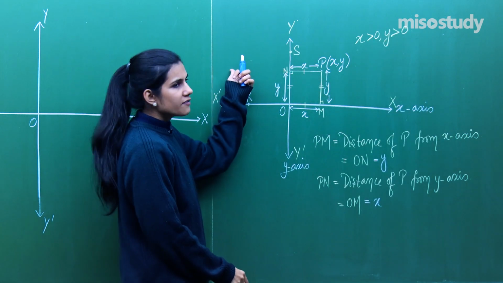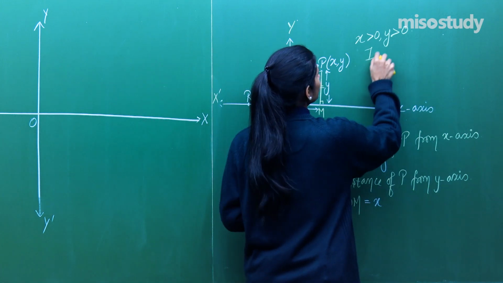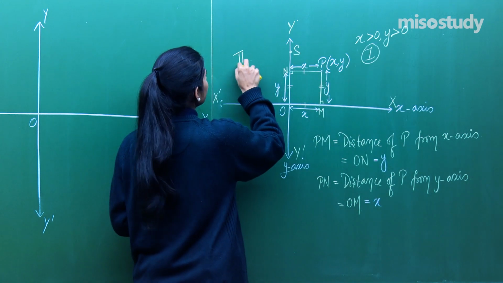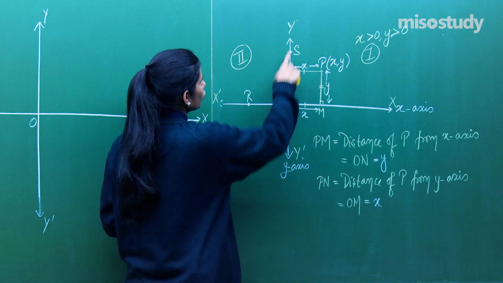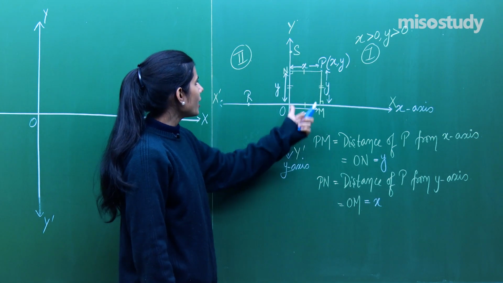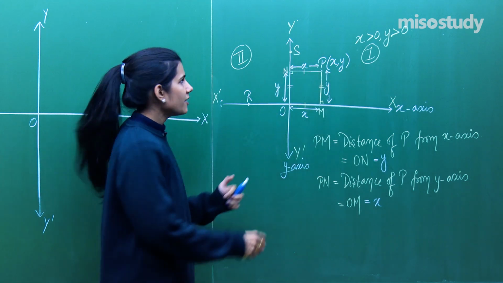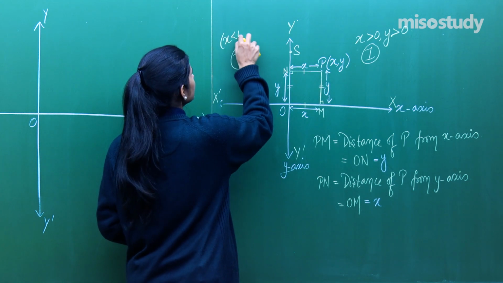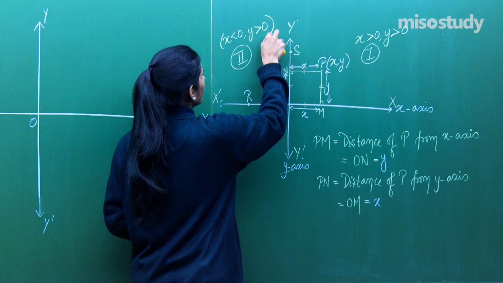If the point is lying in the second quadrant, X'OY, the x coordinate is going to come from the negative x-axis, y coordinate from the positive y-axis. So its x coordinate will be negative, y coordinate will be positive.